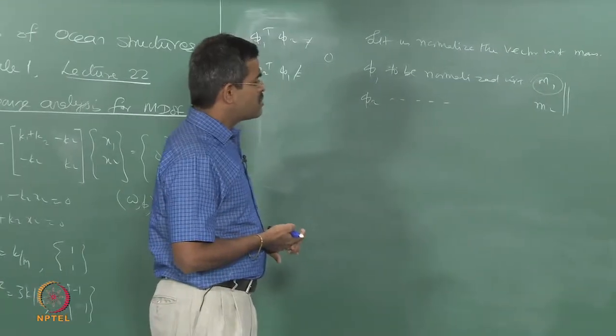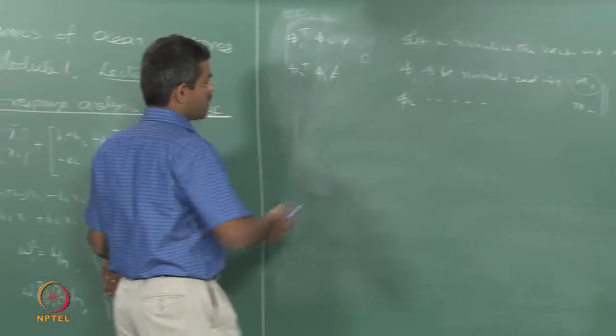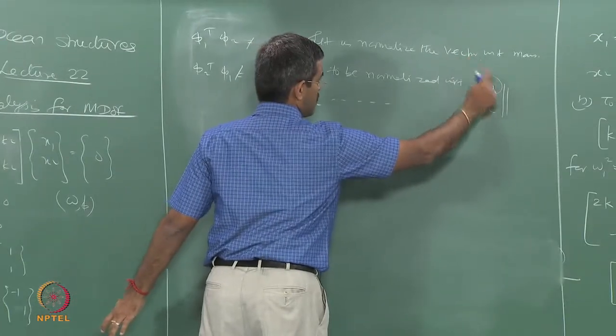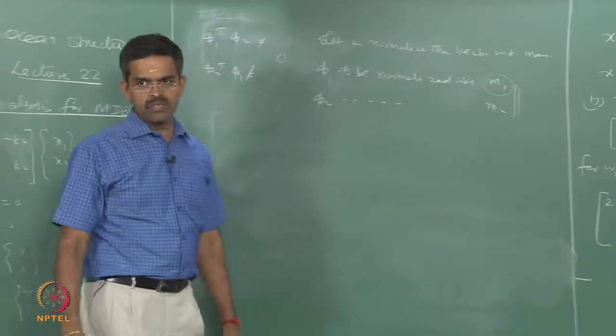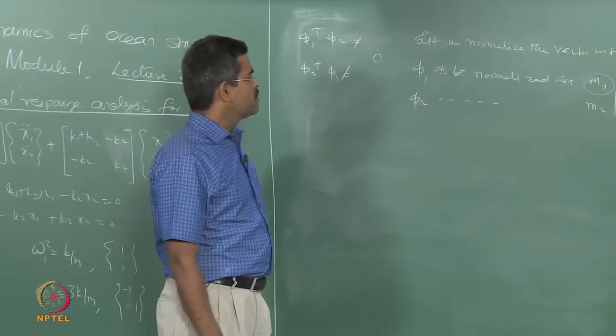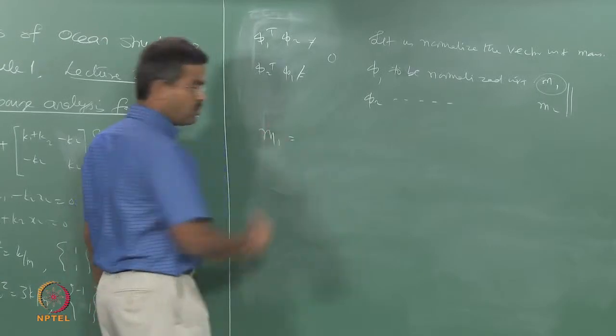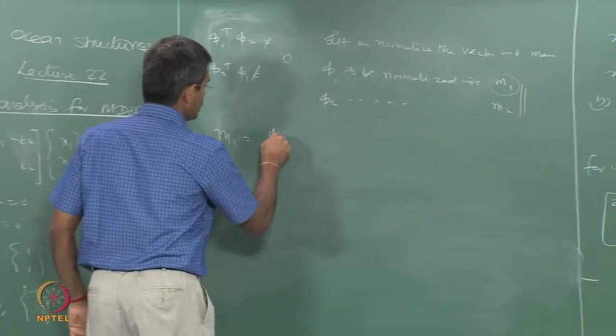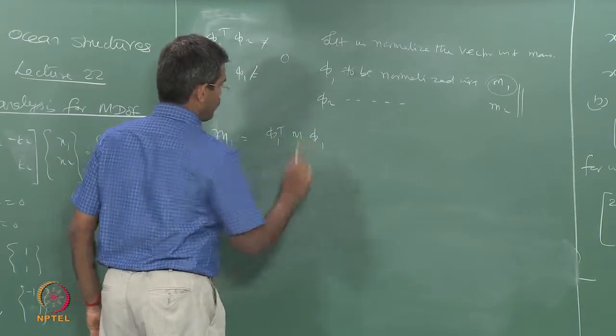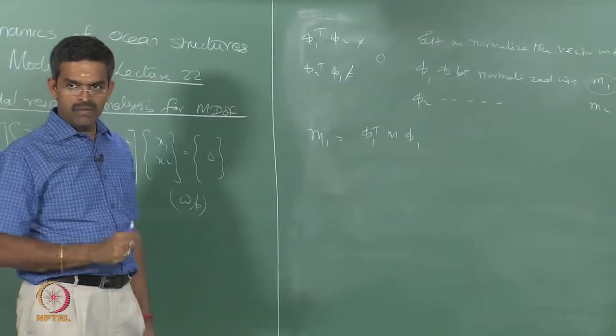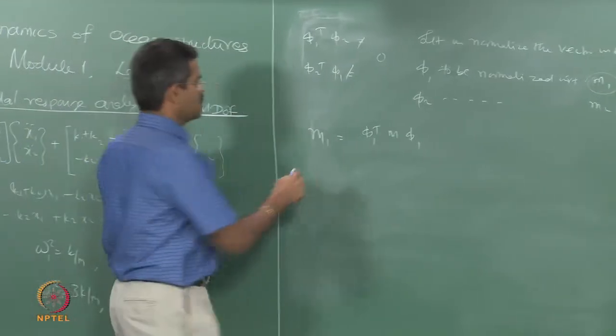Okay. So, I must normalize the first eigenvector with respect to the m1 value and subsequently with respect to the m2 value. So, what is that m1 so called? Let us try to find out that. So, m1 should be equal to phi 1 transpose m phi 1, because I have to normalize it with respect to mass matrix. So, let us do that.